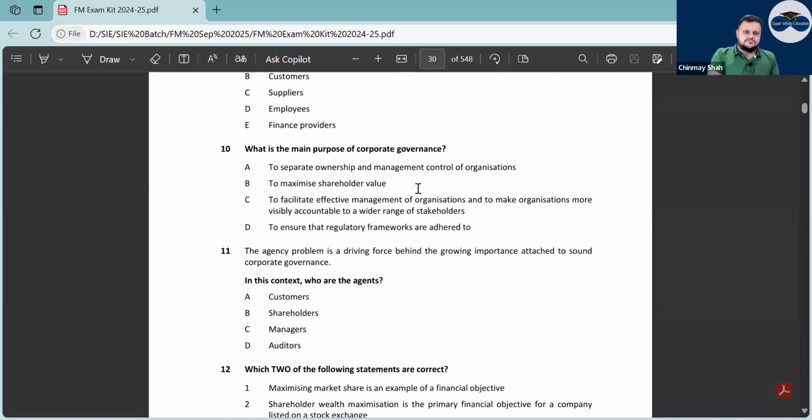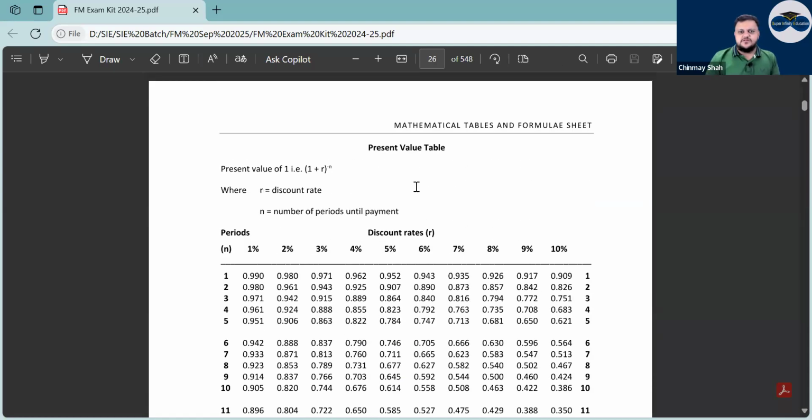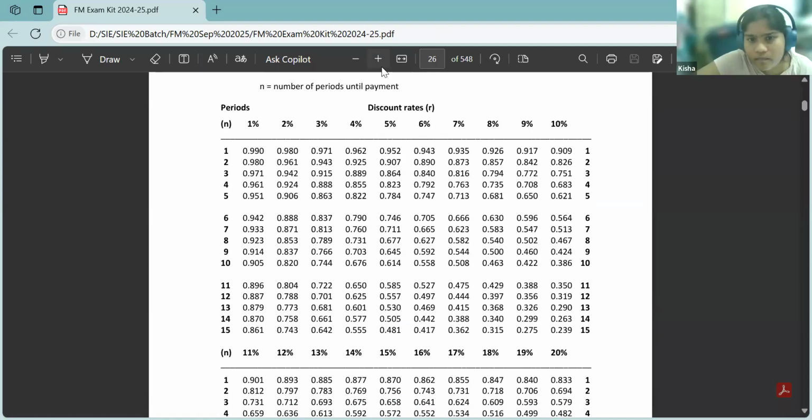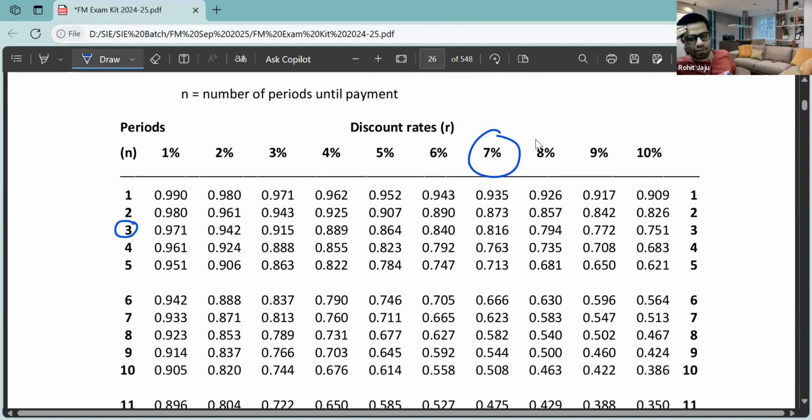Is the discounting table visible to you? The present value table visible? So 7% you have to go. Which year? Third year. 0.816. Perfect.